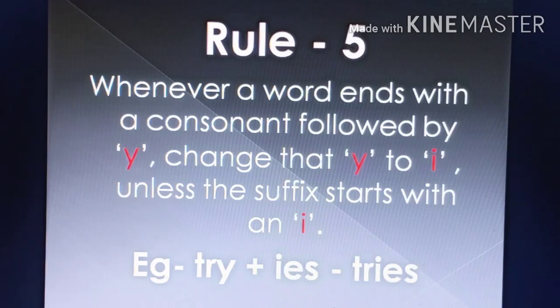R is a consonant and Y is also a consonant. So there's a word which ends with a consonant followed by Y, and the suffix starts with an E. In combination, we have created the word tries. So here you can see that Y has changed to I.